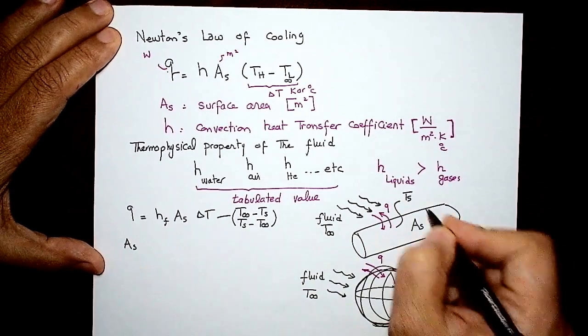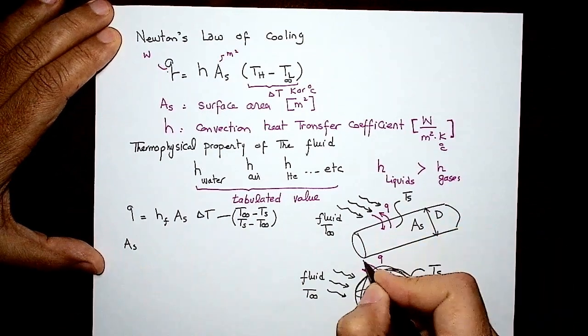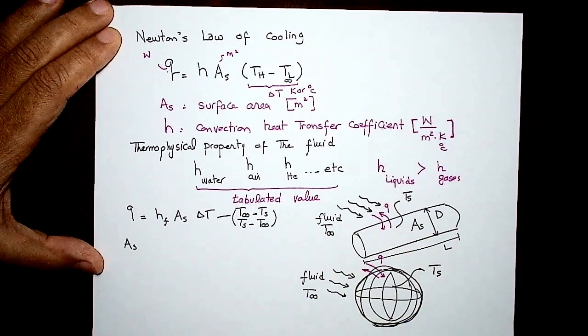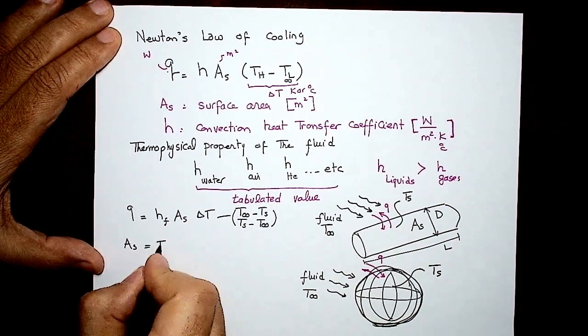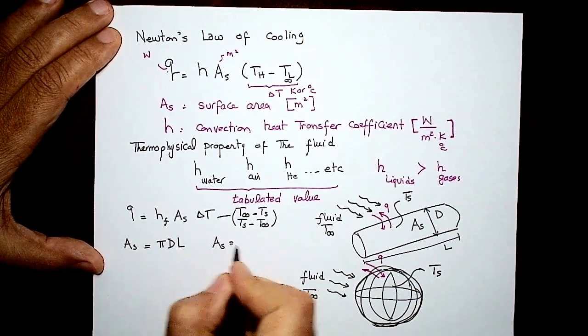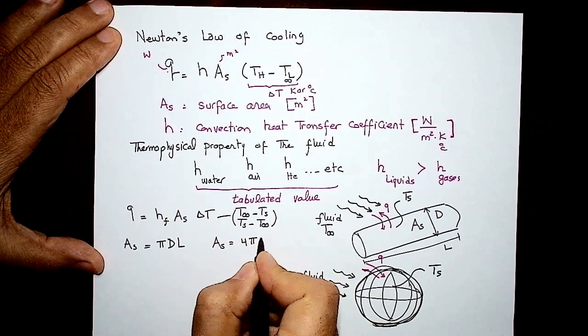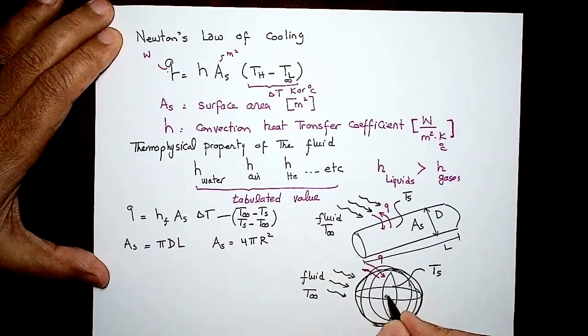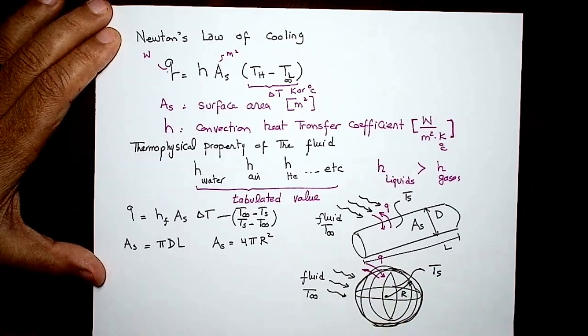What is the surface area of a cylinder? If the cylinder has a diameter D and length L, the surface area is pi times D times L. What about the sphere? Surface area of a sphere is 4 pi r squared, where r is the radius of that sphere. Correct?